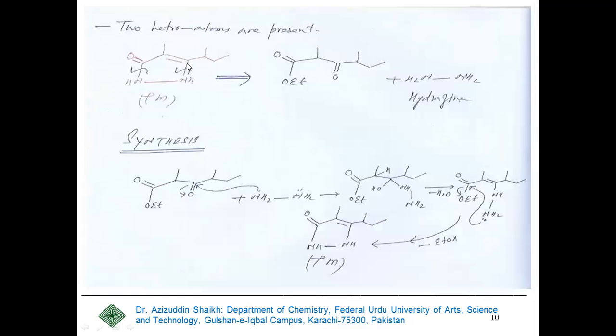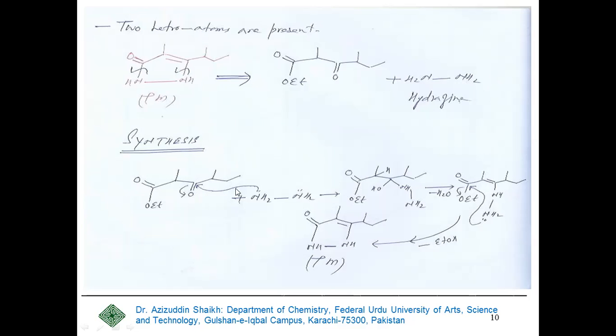Another example of a five-member ring, two nitrogens are present. These carbon-nitrogen bonds are disconnected, and a carbonyl and ethoxy group will be obtained, and the hydrazine will be removed.